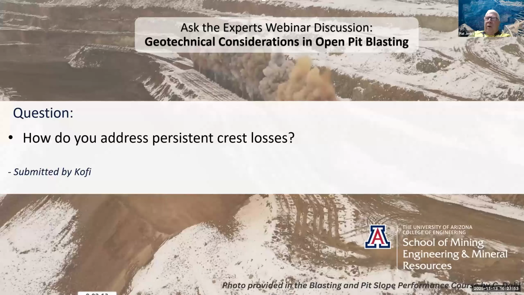And then from there, we have to address things like, what are the structures telling us? Do we have adversely oriented structures relative to the direction that we're shooting? And then take that into consideration. Those are some of the key things, or at least the conversations that need to start with the issues regarding crest loss.